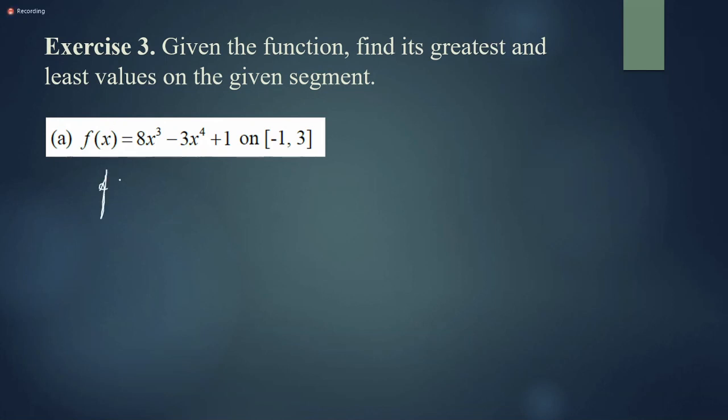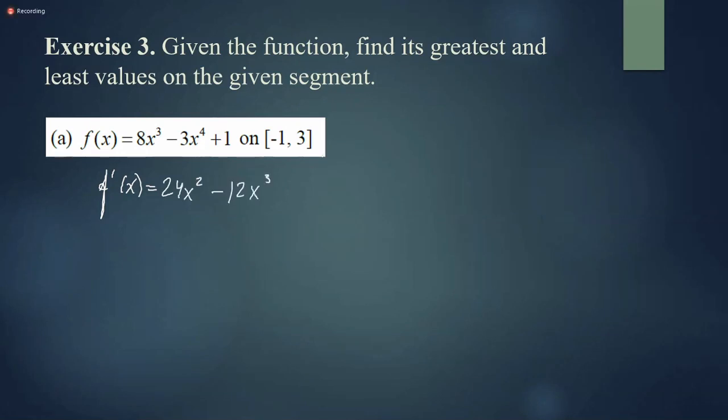So to write, we start with the derivative, of course, because we start by finding, remember, the critical points, the points where the greatest and least value is possible, because they might be minimum or maximum points. So 24x squared minus 12x cubed, and that's it.